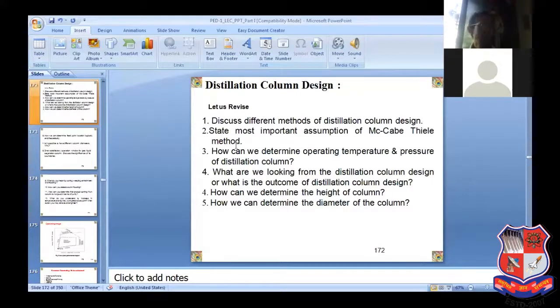That's what we are saying: separation of a liquid mixture based on either the boiling point difference or based on the difference of the vapor pressures.